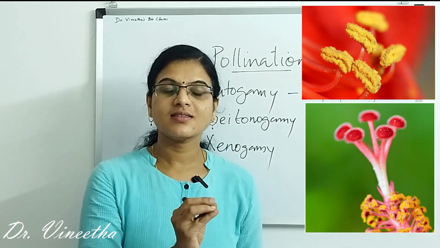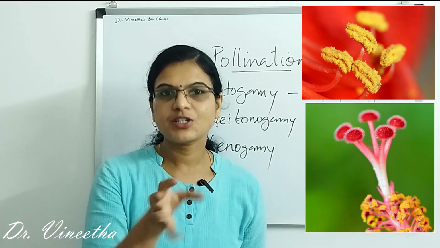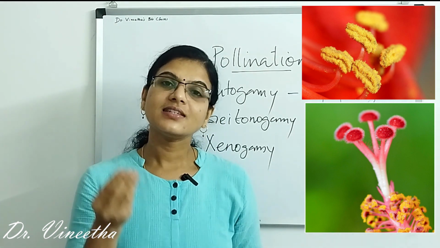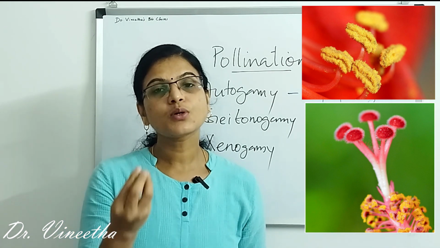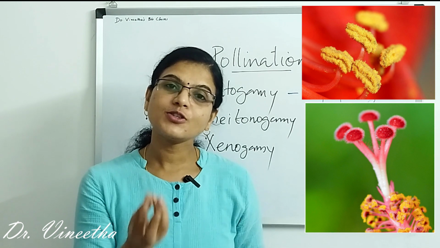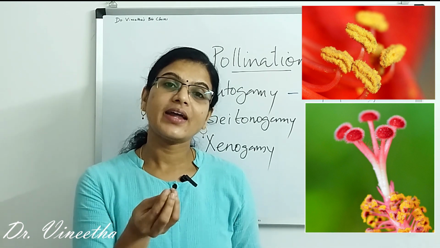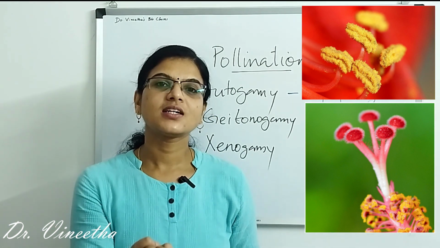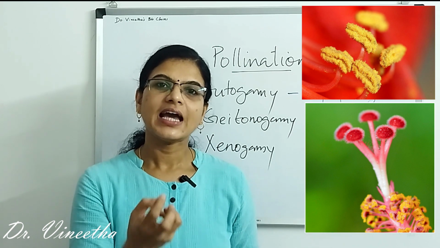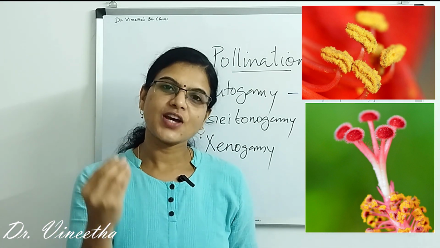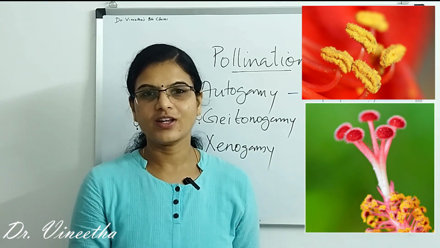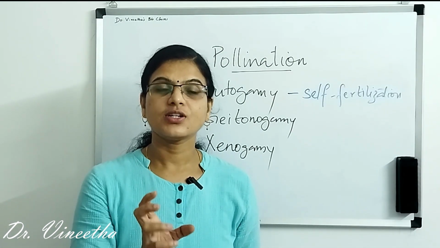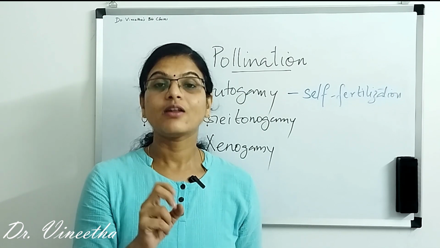The pollen grains, once matured, will be shed, and this has to be received by the stigma of the same flower, so the stigma should also be in a stage wherein it can accept the pollen grains and help in the generation of the pollen tube to reach the ovary. So synchronization is an important thing in autogamy.